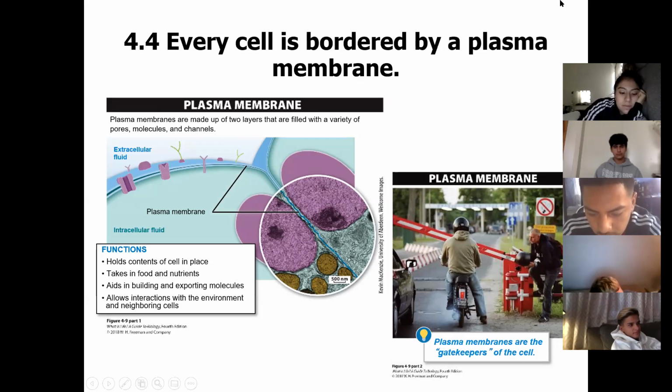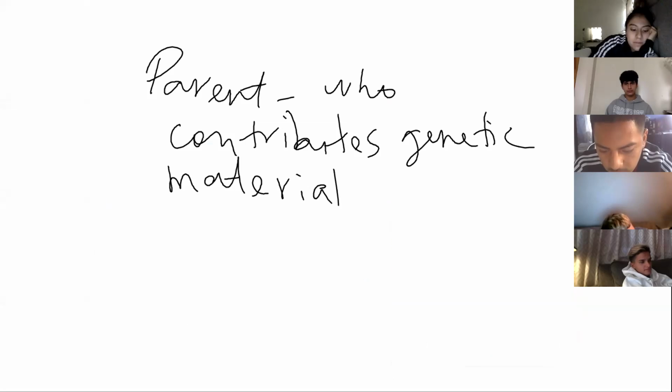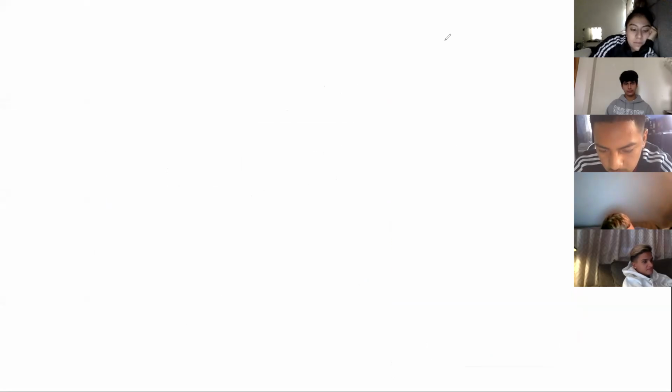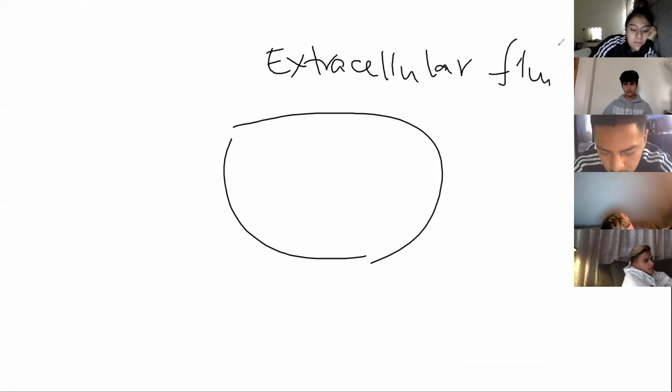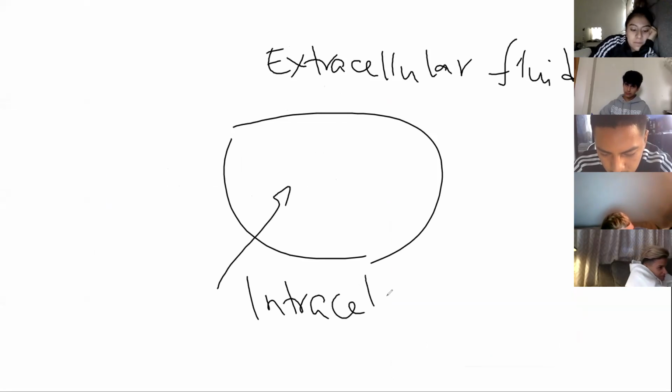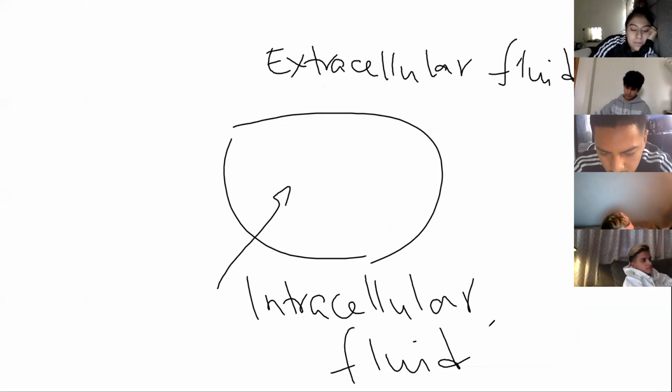Cells exist in their fluids, right? So if this is a cell, this is called extracellular fluid. This is called intracellular. So both fluids have water, right?